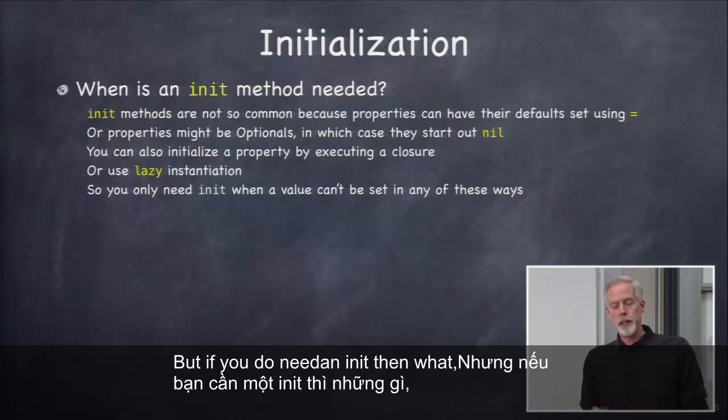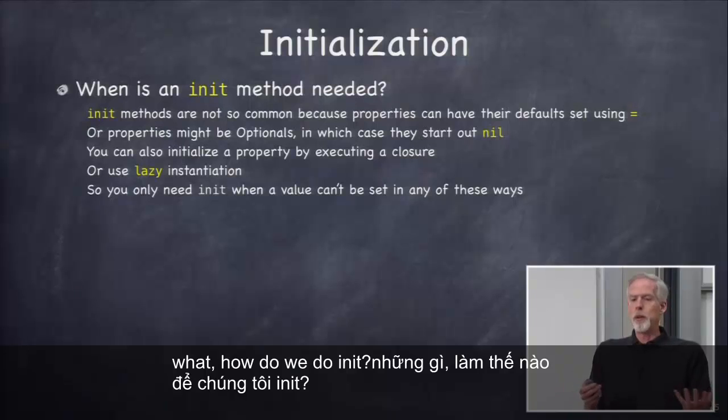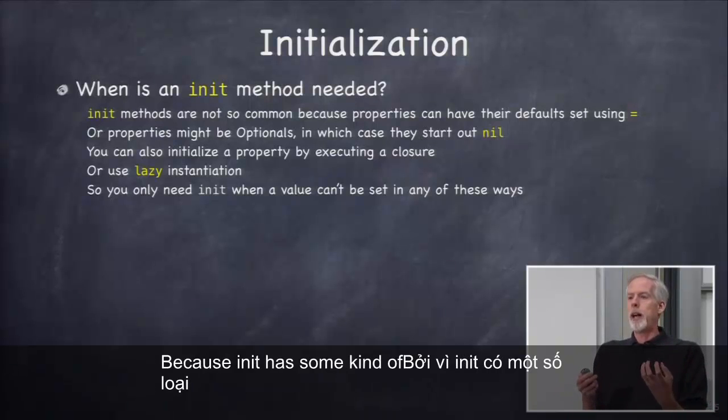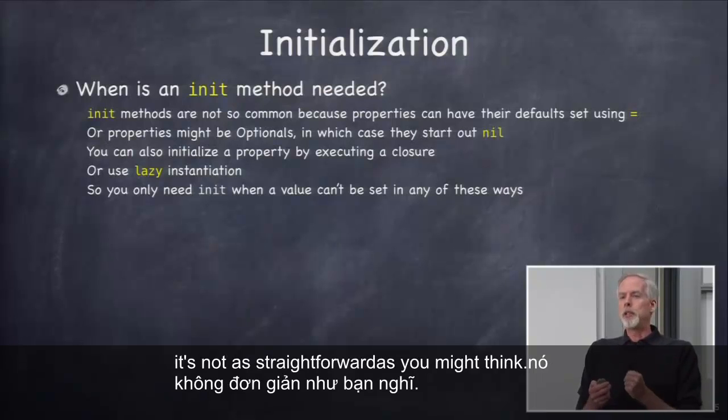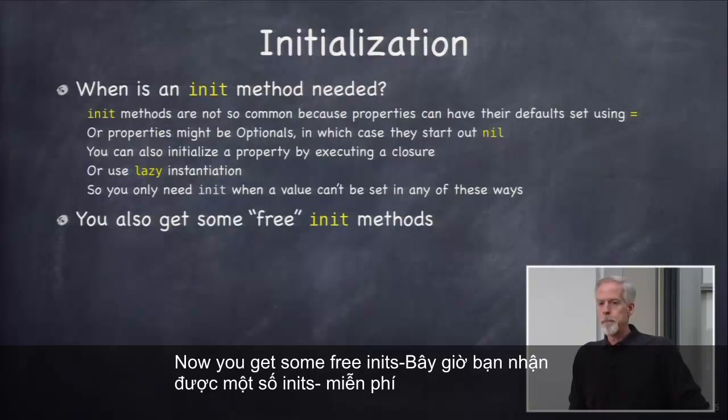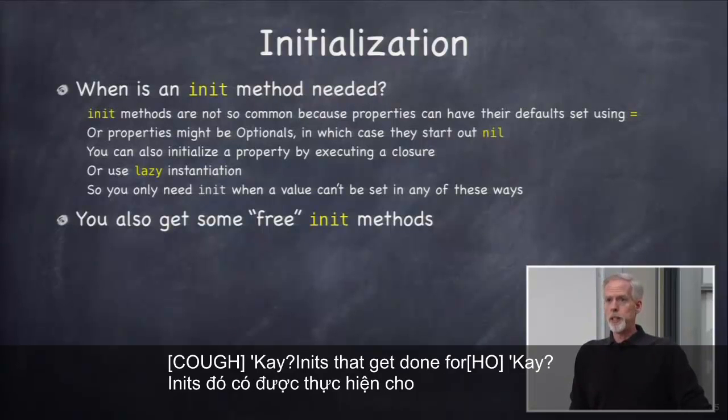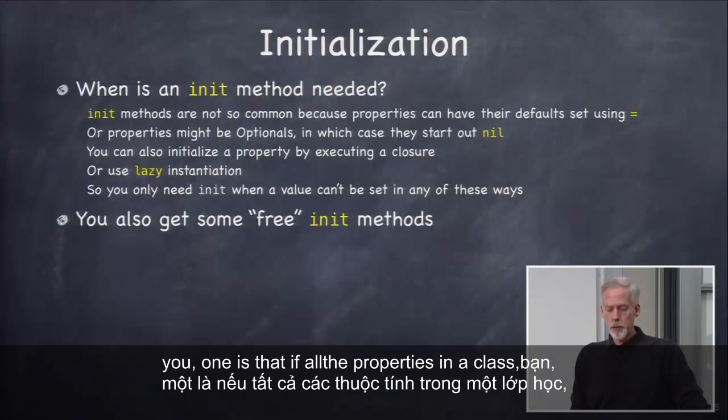But if you do need an init, how do we do init? Because init has some kind of interesting interdependencies. It's not as straightforward as you might think. Now, you get some free inits, inits that get done for you.